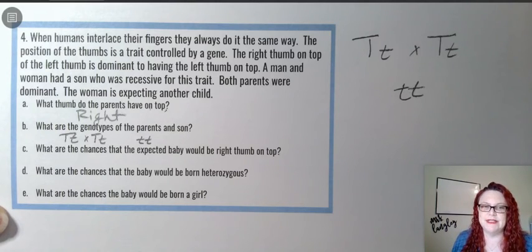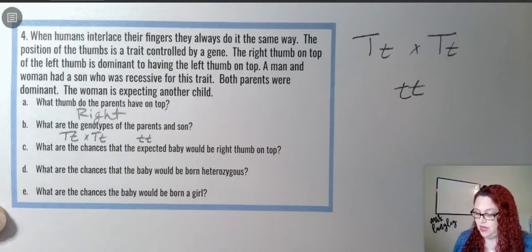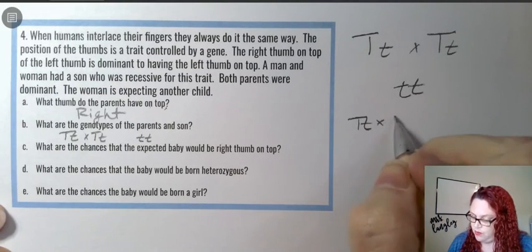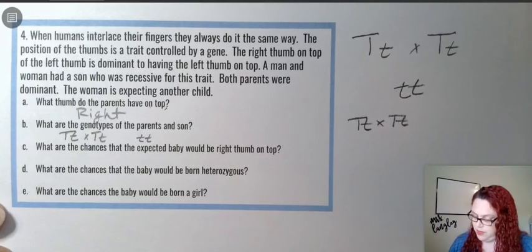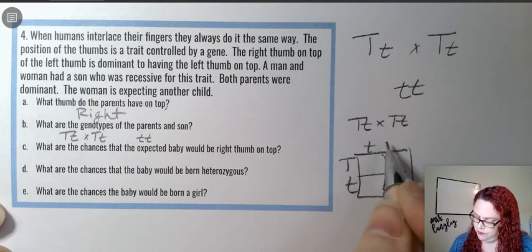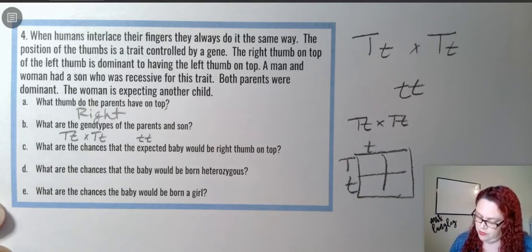What are the chances that the expected baby would be right thumb on top? Okay, to find out the chances, that means we have to do a cross. So we're going to do a cross to see what we would get if we cross these two parents. Whoops, got to do them right.